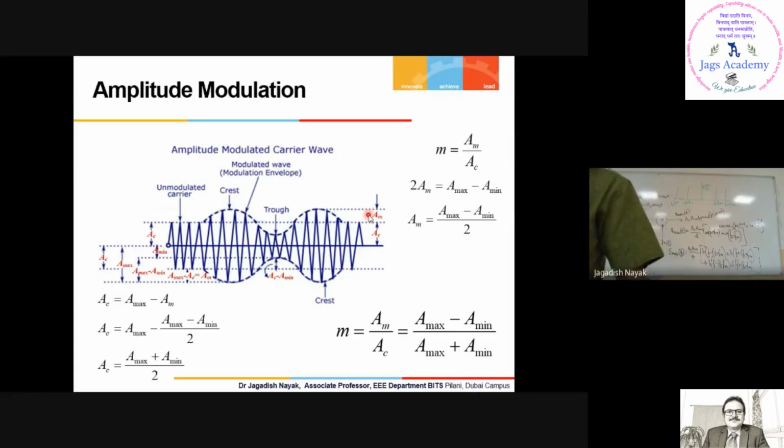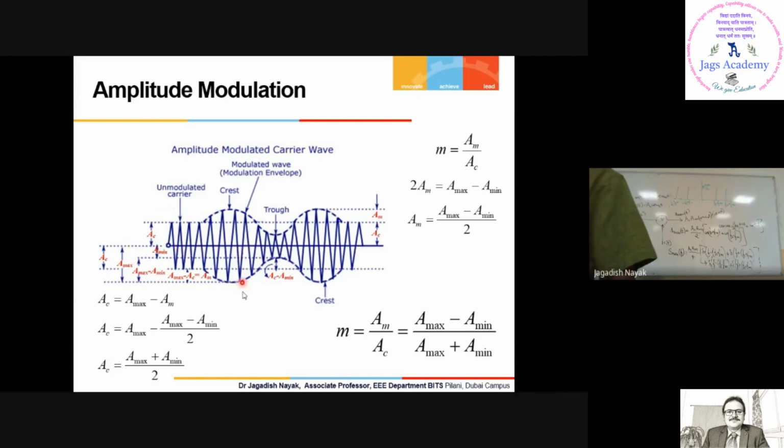Now, let us define parameters called A max and A minimum. See, the distance from here to here you write in terms of A max, and this distance we make A minimum.